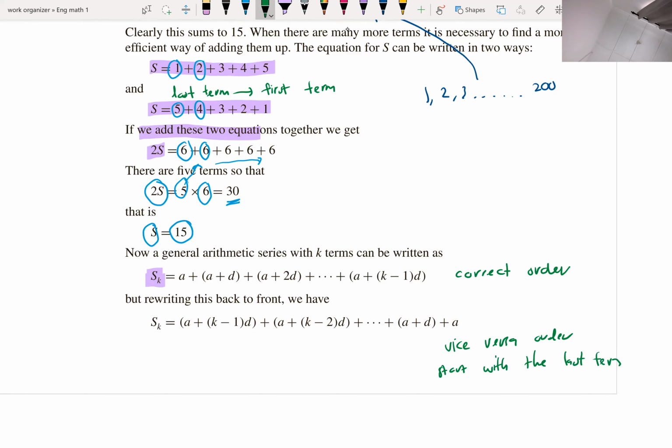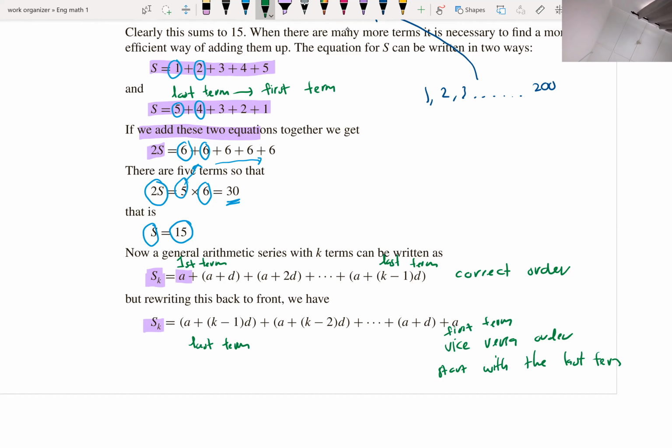Here, this is the first term, and then this is the last term. This one is the last term, and this is the first term.